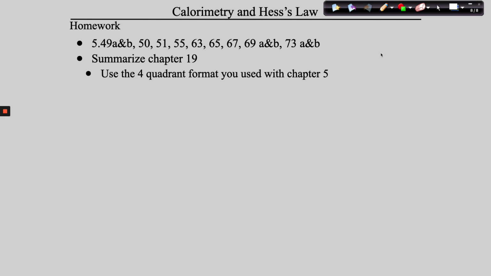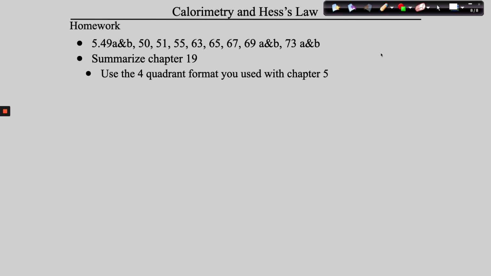The stuff that you're going to be working on Friday includes the following things. Jared, don't get too pulled away. We have a lab to write up, right? We have that quantitative analysis lab that needs to be written up, and the conclusion questions need to be done. In addition to that, you have chapter 19 to summarize.